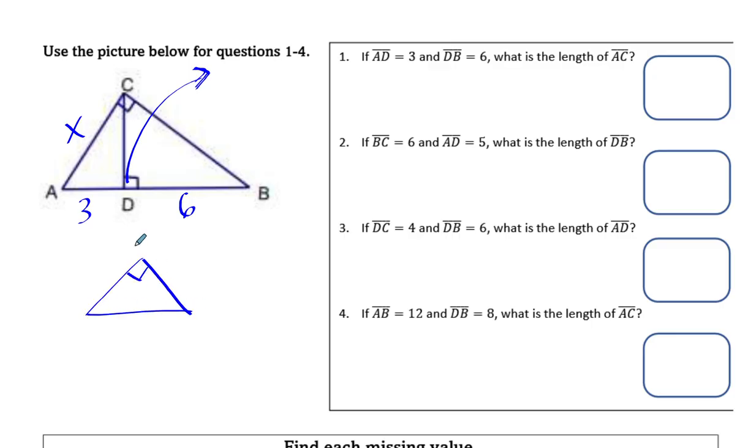So my right angle comes up, that's D. C comes down to the bottom, and B kind of just pivots right where it is. So DB is 6. I don't know DC, and I don't know BC either.